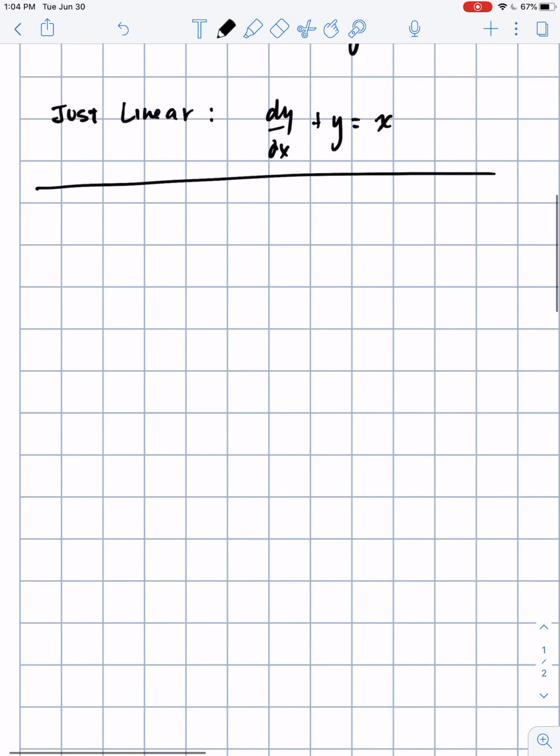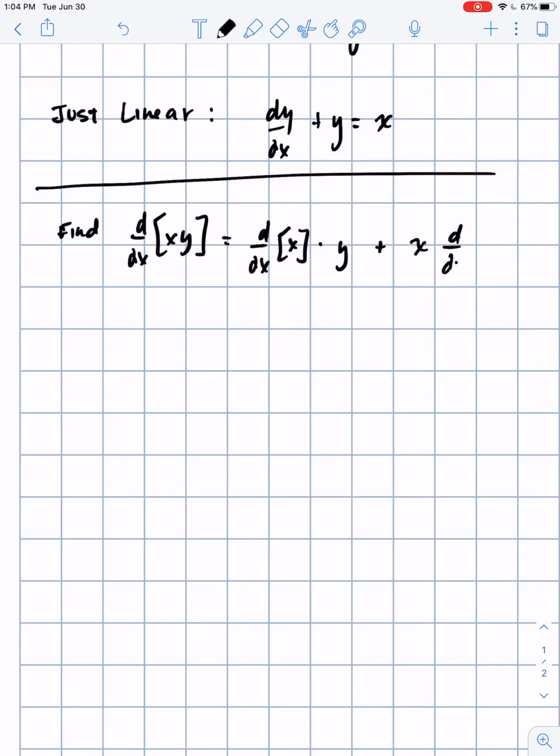Actually, before we do that, I'm going to work through a little process. Let's find the derivative of xy with respect to x. Here we know from implicit differentiation, the product rule: the derivative of x times y plus x times the derivative of y with respect to x.